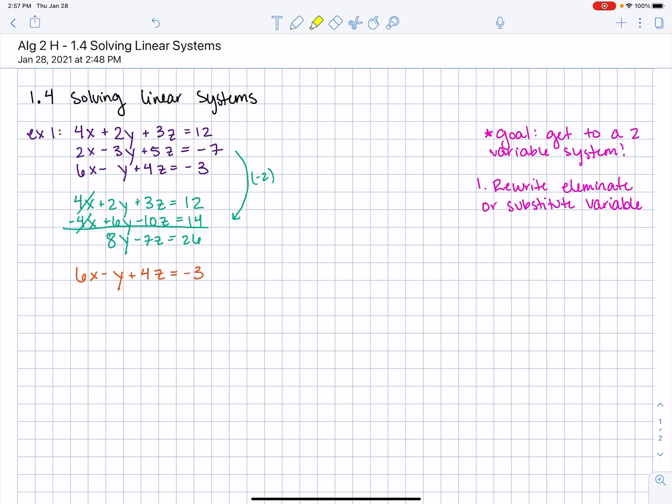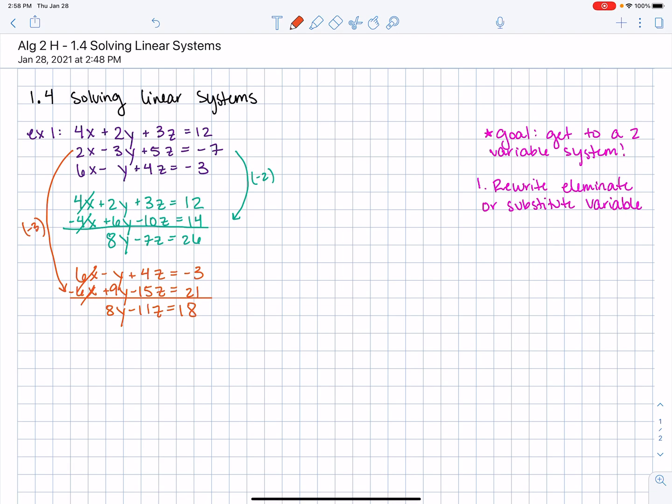And if you'll notice, I have this 6 and a 2, so I need to multiply my second one by negative 3 to set up that negative 6 for my leading coefficient. Negative 6x plus 9y minus 15z is equal to 21, and add them together to eliminate your x's, leaving you with 8y minus 11z is equal to 18.